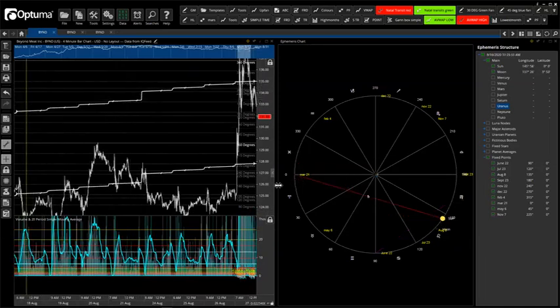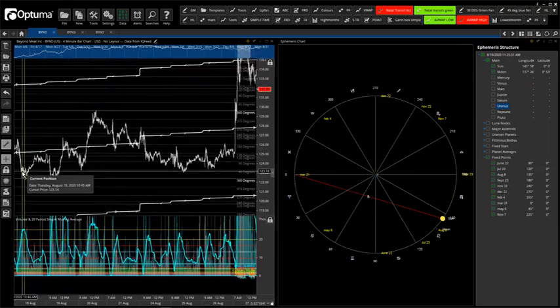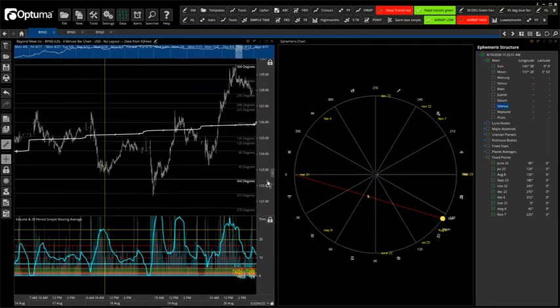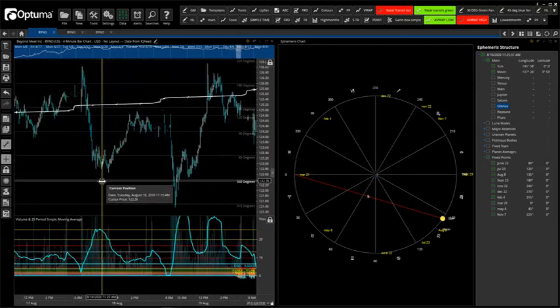And look at how the low here is also relatable here to the sun. Okay, biquintile to the sun. In this case, the sun is biquintile to March 21st. Okay, and so where's the price? Look how the price is at what could be close to 0 degrees.